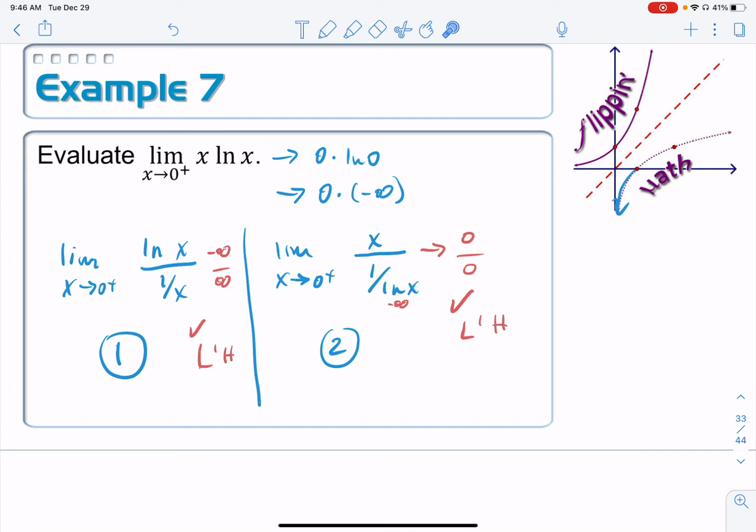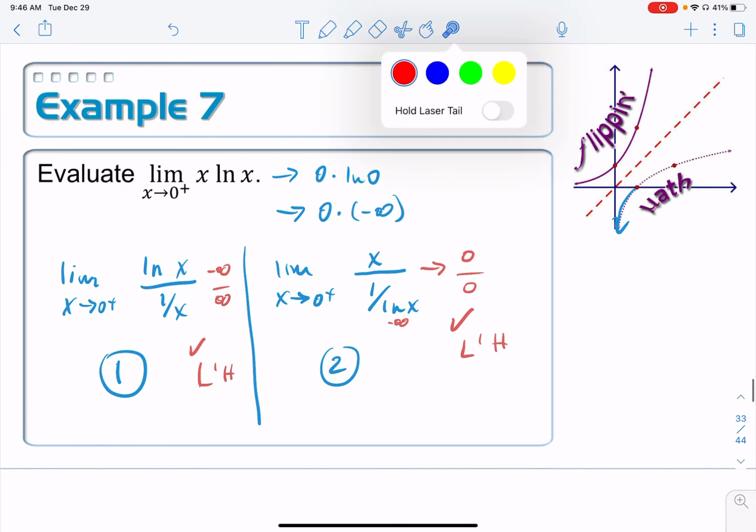So let's see which one we should choose, either option 1 or option 2. Remember, L'Hopital's rule, we're going to have to take some derivatives. Which of these is going to be easier to take the derivative of the top and the bottom? Option number 1, that's real easy to take the derivative of. And this one, I'd make this x to the negative 1. It'd be pretty easy to take the derivative of. Option number 2 here, that's super easy to take the derivative of. It's just 1.